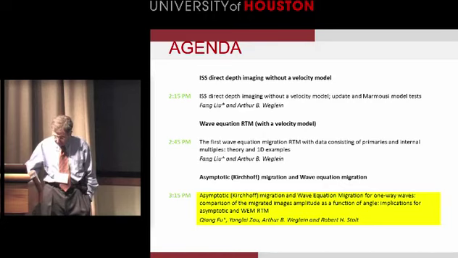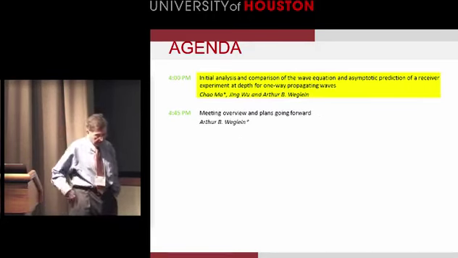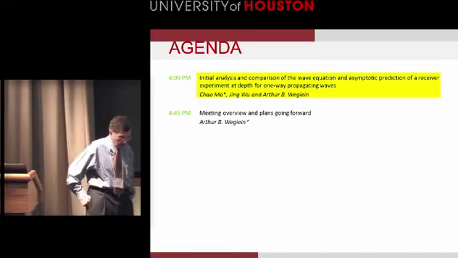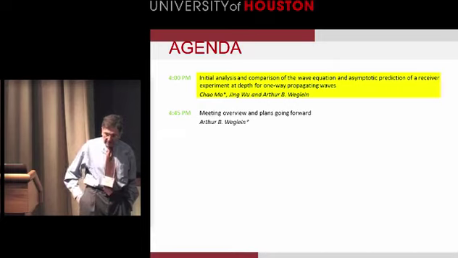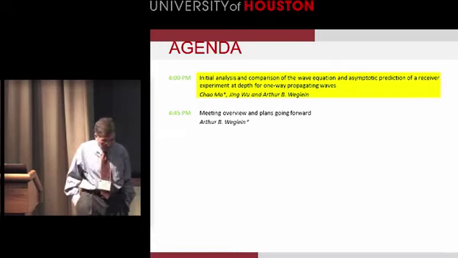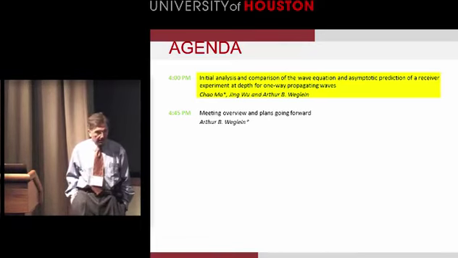Chung Fu, and Chao Ma and Jing Wu will discuss the component within asymptotic migration that relates to the prediction of the wave field. So that's been a fascinating, interesting study. And that is going to be the two-day meeting.